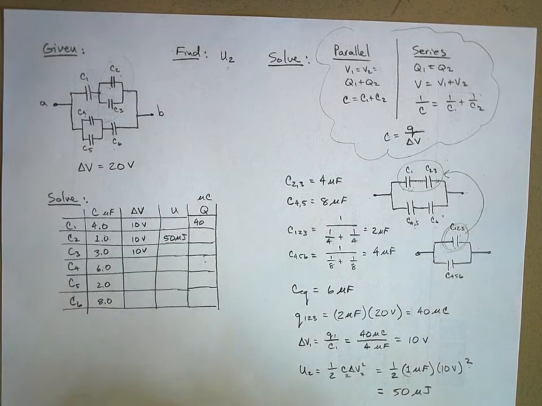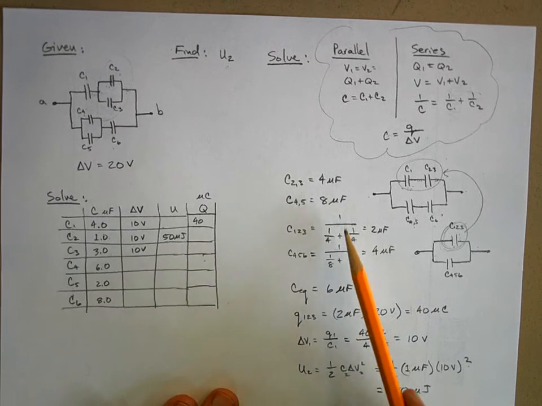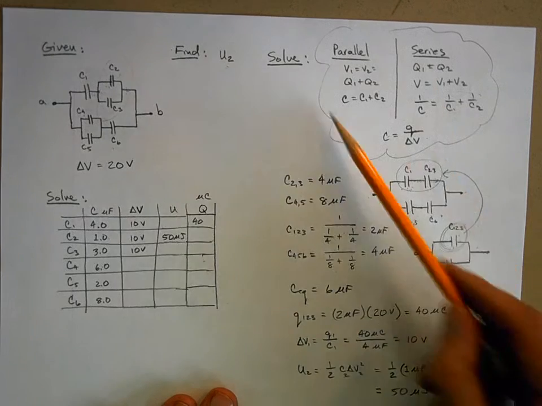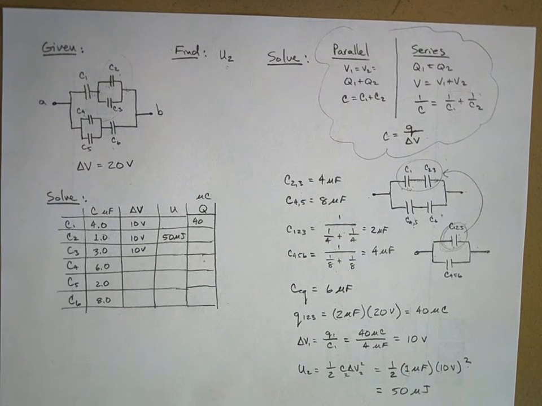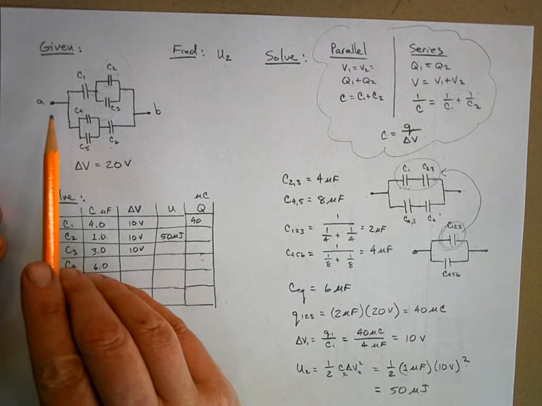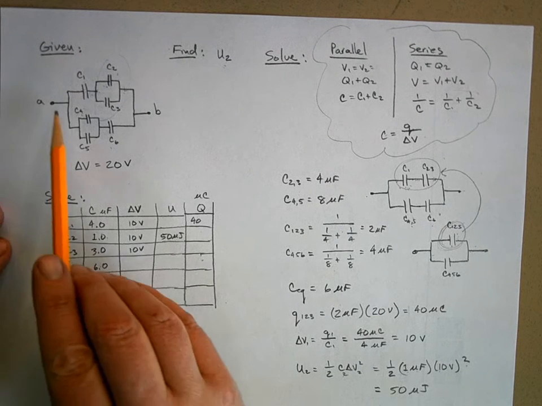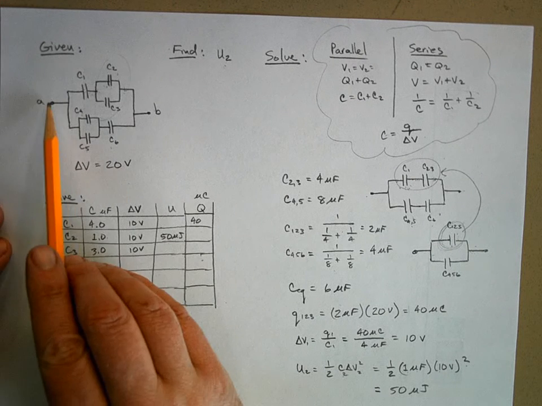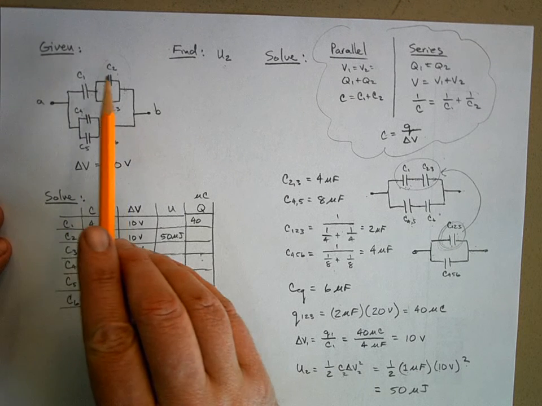Now, look, it turns out that I didn't need to fill out the whole chart. But I think you can see by the way I'm breaking these down and using these facts, I can fill out this whole chart. And you know what? It's kind of fun. It's like a little puzzle. But you can always check your work, because you always know, hey, the voltage drop going from here over to here has to add up to 20.